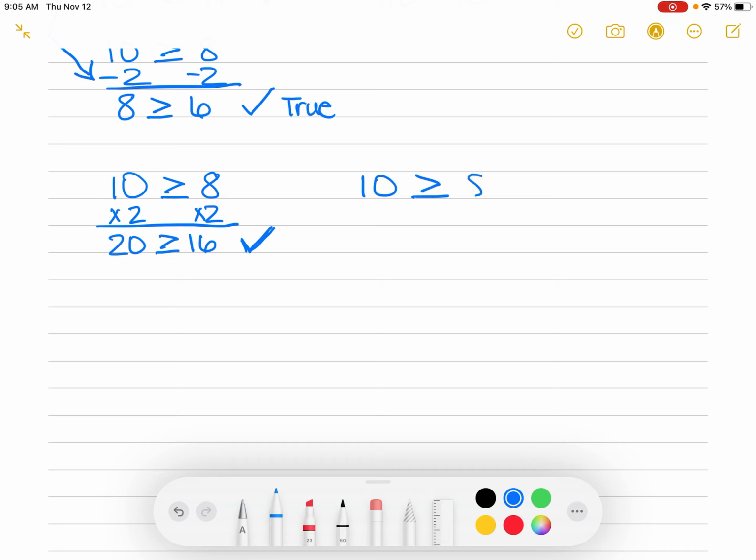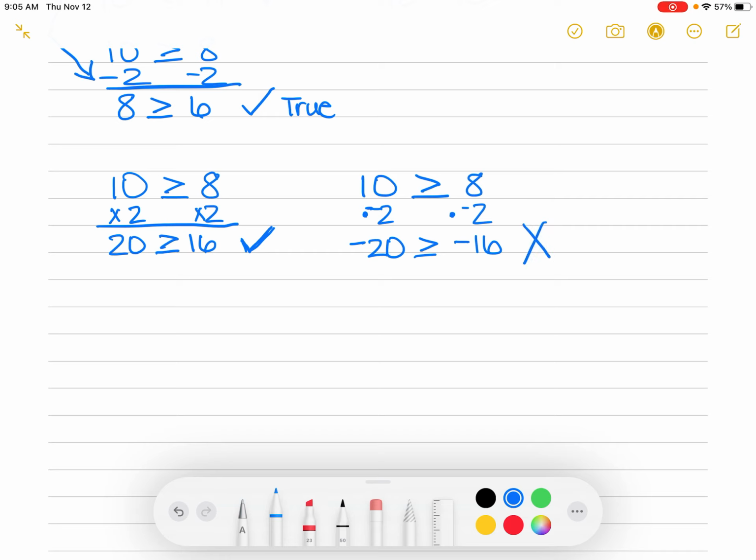10 is greater than or equal to 8. But let's multiply by negative 2. Right, that's a negative right there. Okay, so now when I do that, I have negative 20 is greater than or equal to negative 16. Now, is that true? Is negative 20 greater than or equal to negative 16?